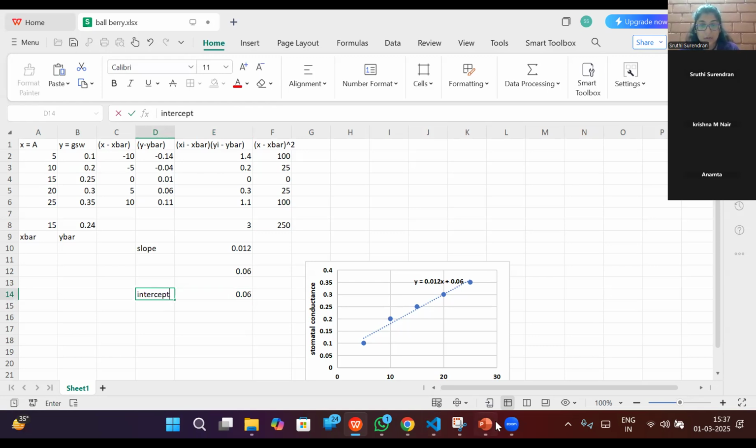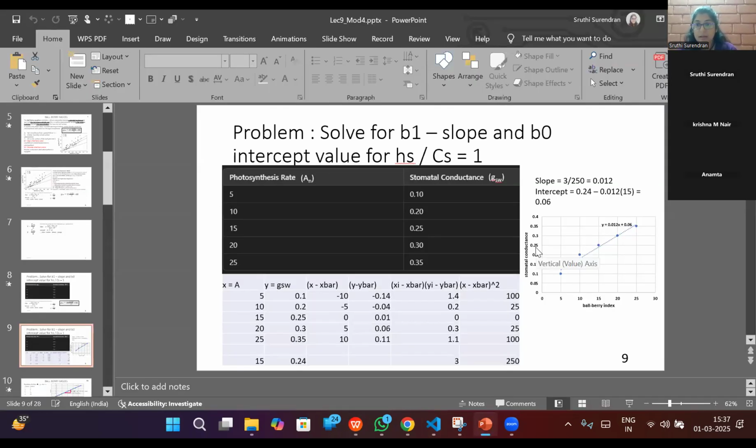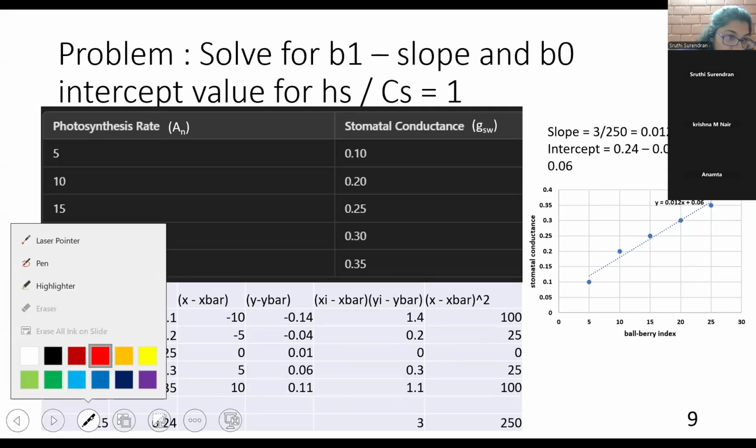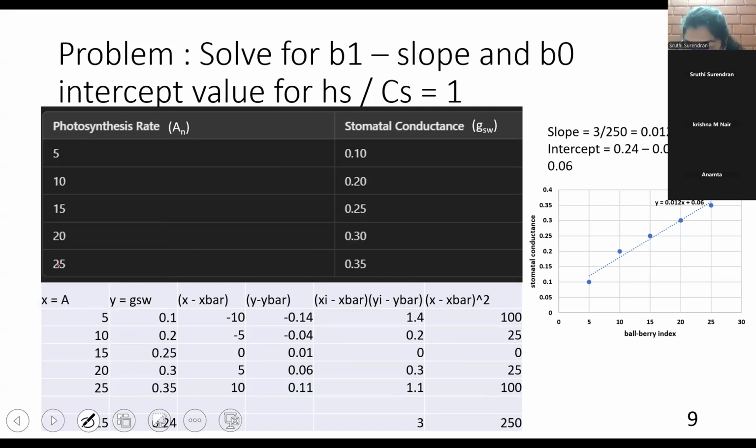So our line equation will be this. That is, y is equal to slope, which is 0.012.